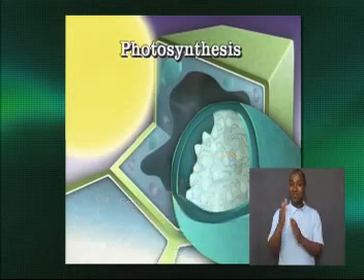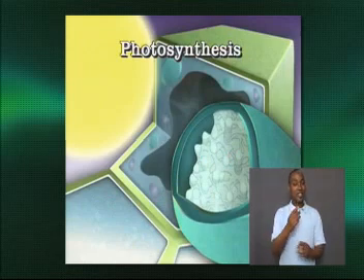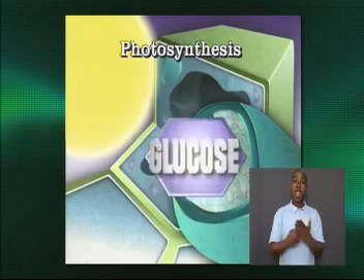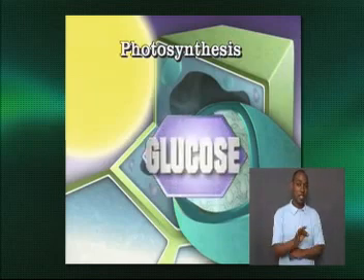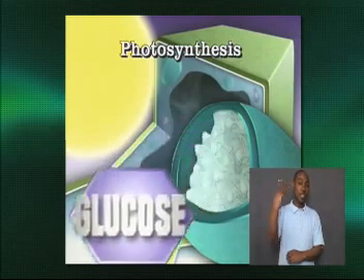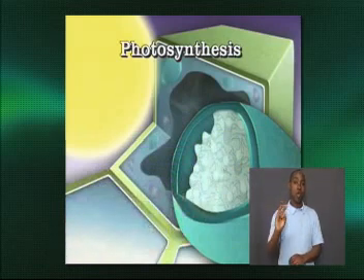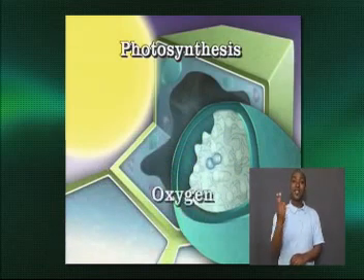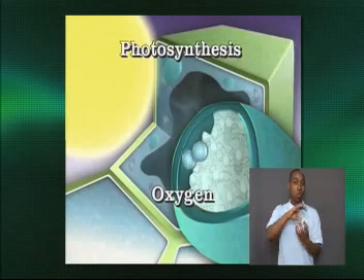Photosynthesis is a process that is unique to plants. It is a process in which plants use sunlight to turn carbon dioxide and water into organic compounds, such as sugar.